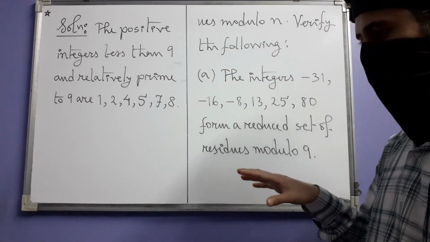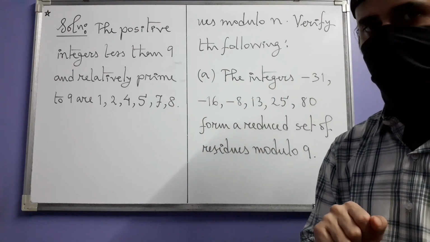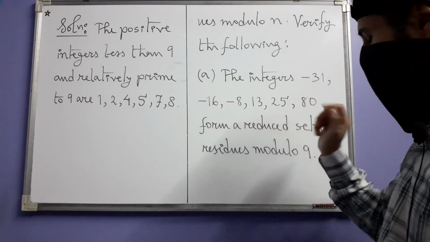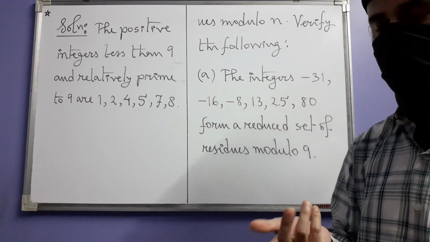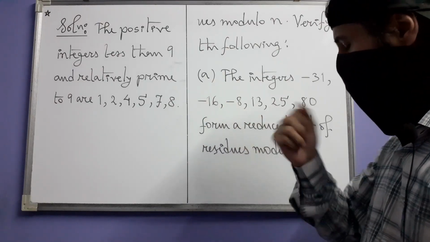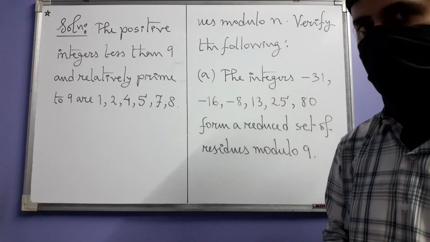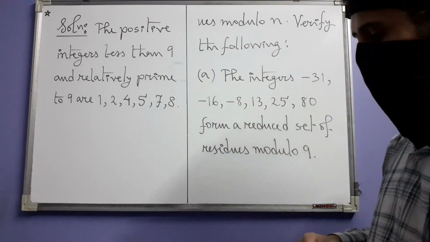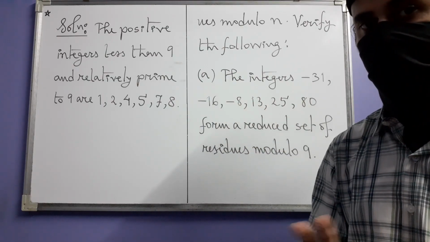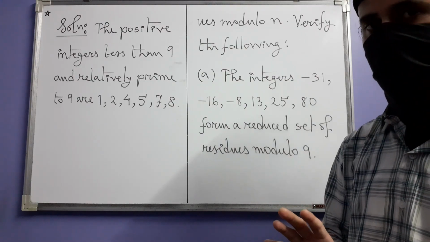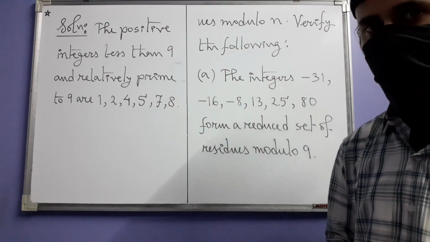That however will become somewhat big, because even if you manage to show that these are all relatively prime to 9, picking two distinct elements from this list and then seeing that they are not congruent, you will have to see a lot of incongruences. Instead, we do something else that will give us the solution more quickly.